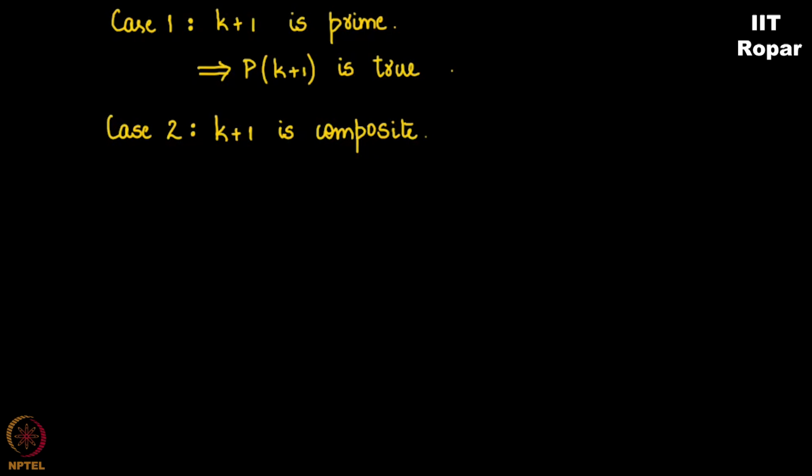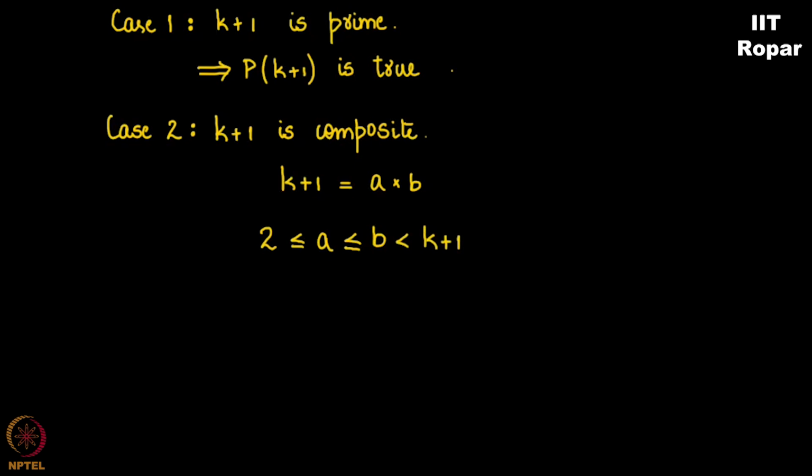Since k+1 is composite, it can be written as A times B, where A and B are two numbers whose product is k+1. Now, what can these A and B be? The condition goes like this: 2 less than or equal to A less than or equal to B strictly less than k+1.